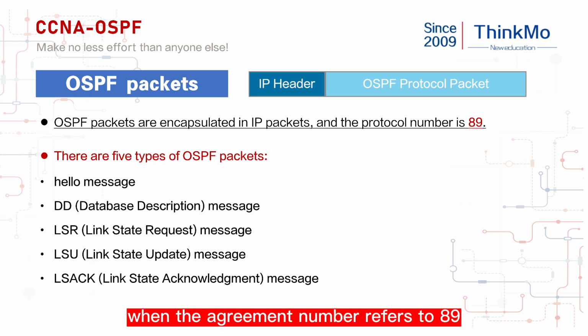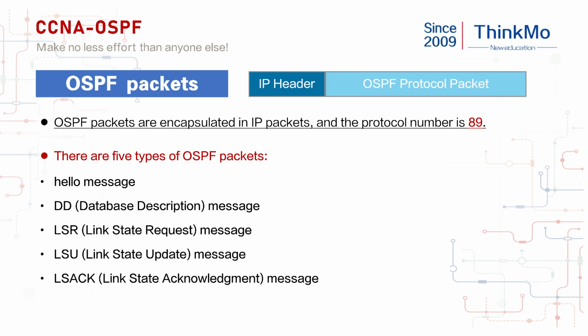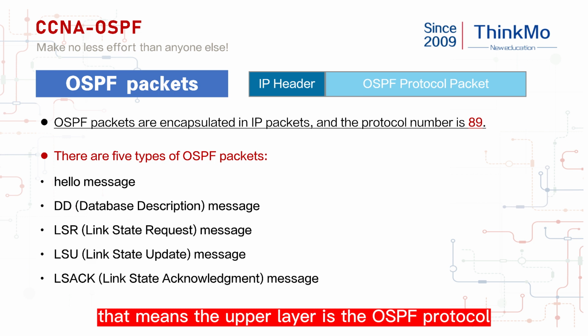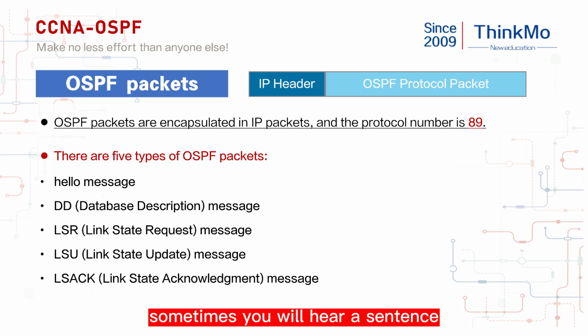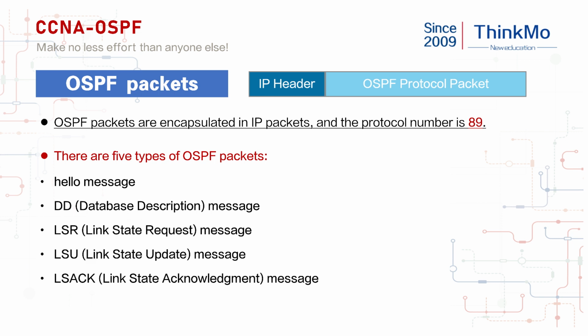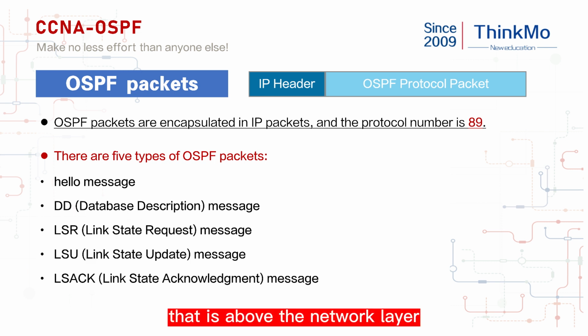When the protocol number is 89, that means the upper layer is the OSPF protocol. This is a guide from the 3rd floor to the 4th floor. Sometimes you will hear a sentence: OSPF is a routing protocol that works on top of the network layer. That's what I mean. It's above the 3rd floor, that is, above the network layer.